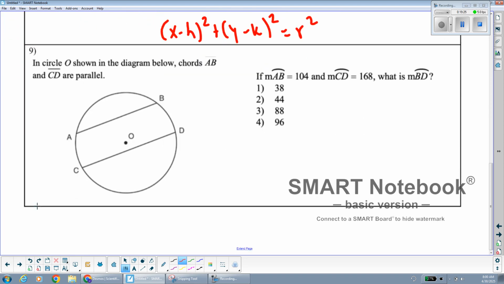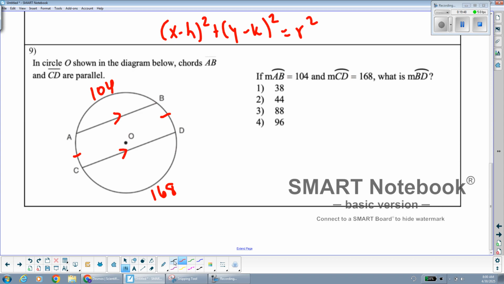Over here, chords AB and CD are parallel, and that means that the arcs between them that they intercept are congruent. If arc AB is 104, and arc CD is 168, what is the measurement of arc BD? So let's figure this out. We know that the whole way around the circle is 360 degrees.